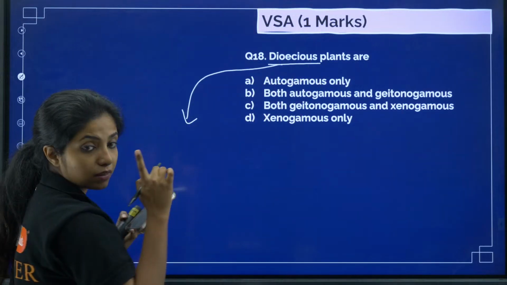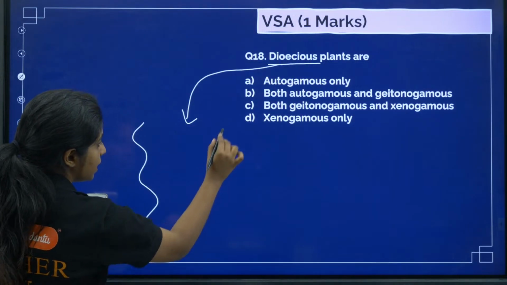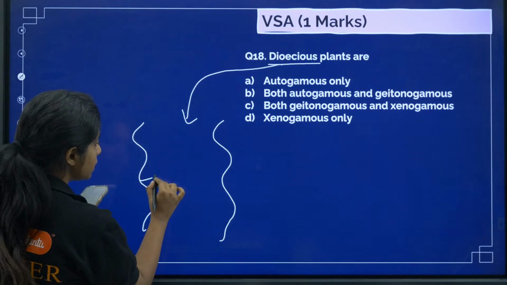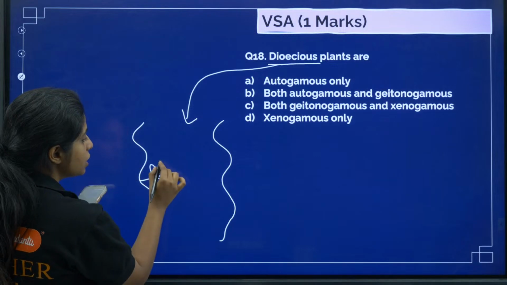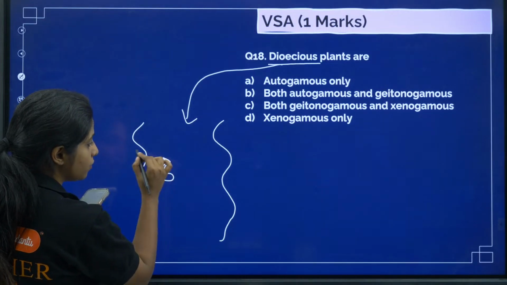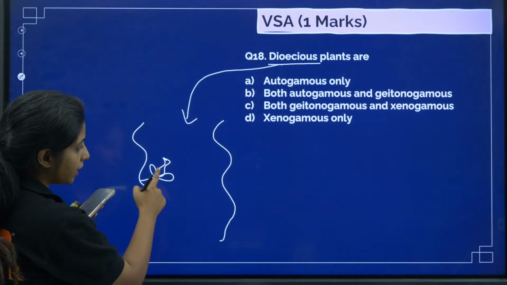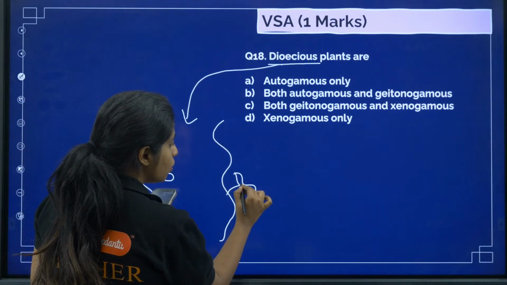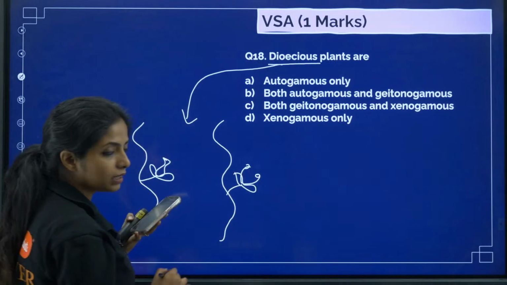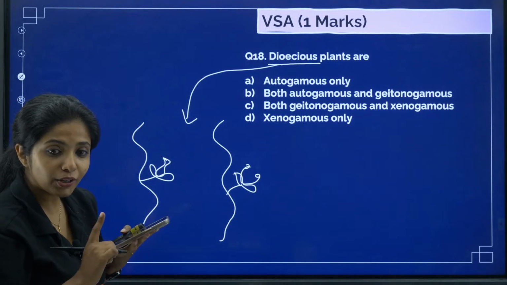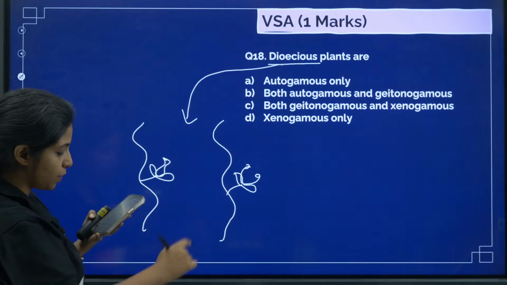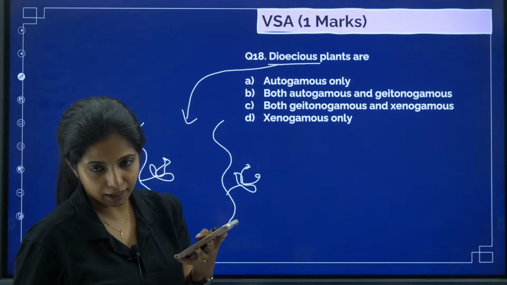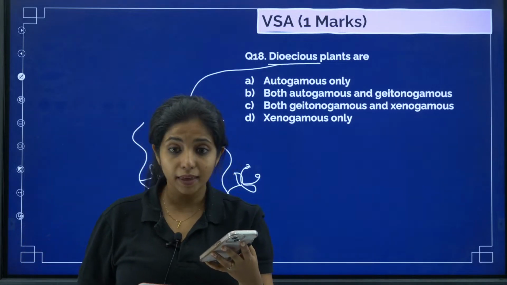Dioecious, as in there are two different plants, and the two different plants have different sexes. For example, this plant will have just the female flowers, that is, it just has the carpel. This plant will have only the male part of the flowers. At this point, tell me what is possible. Yes, Arushi, you are exactly correct. Unisexual plants having either the male or the female part.